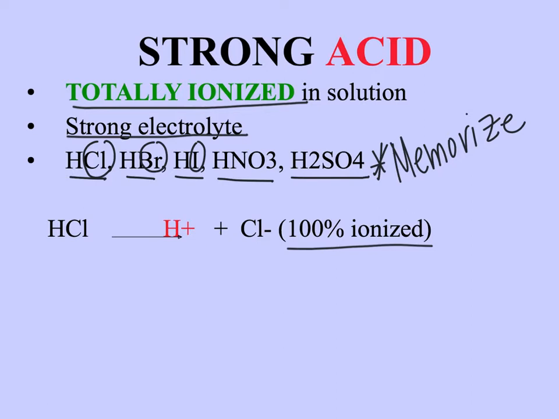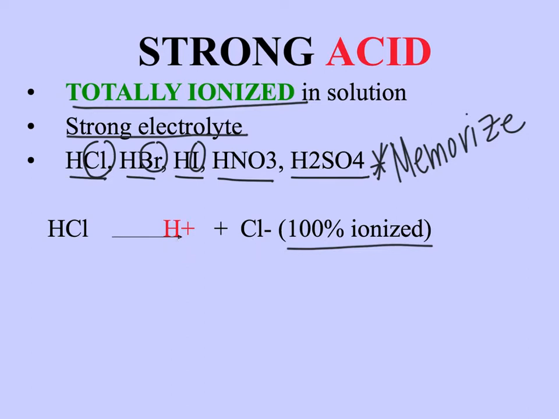So something that we have written here, look at this equation. HCl, which is one of your strong acids, notice here we use a single-headed arrow. That is really important. If it's a strong acid or a strong base, we use a single-headed arrow, and that represents that it separates into ions 100%, into H plus and Cl minus.